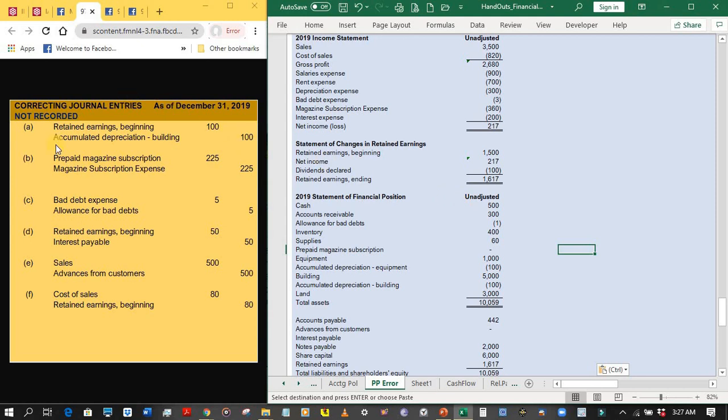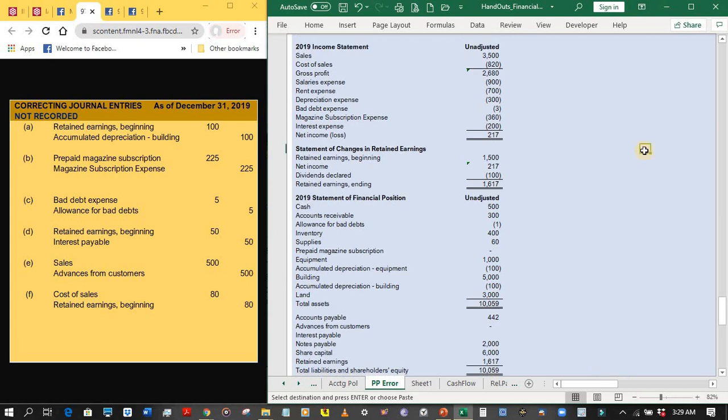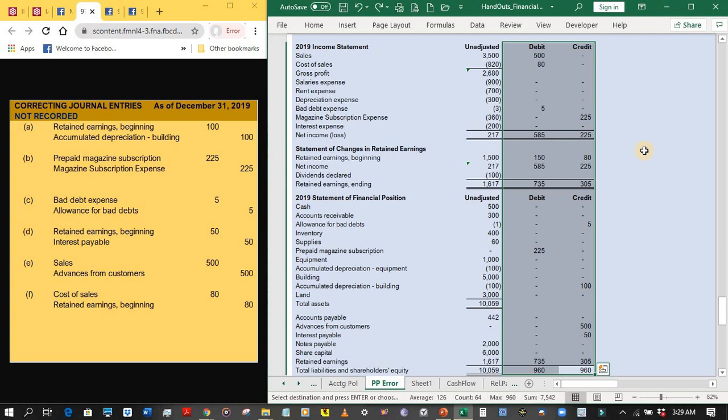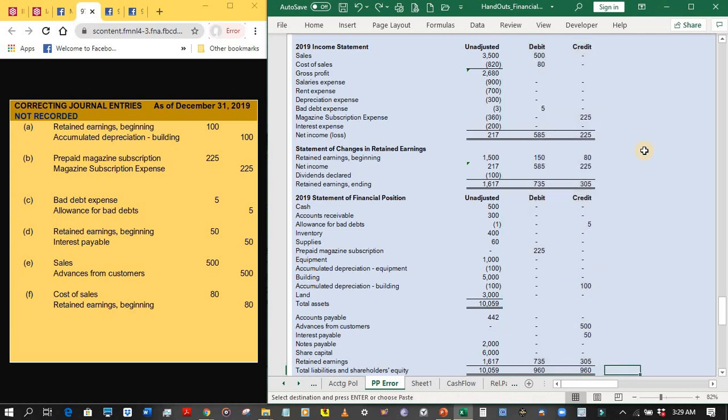I will not post this one by one; I will just use formulas in order to facilitate the posting process. These are the amounts posted from the correcting journal entries, the same procedure as we did in 2020. These are the net effect of the correcting journal entries that we have prepared.